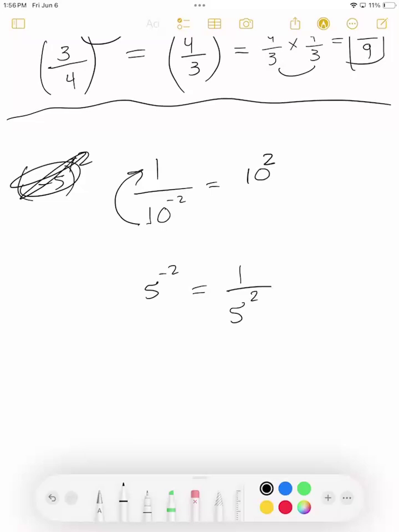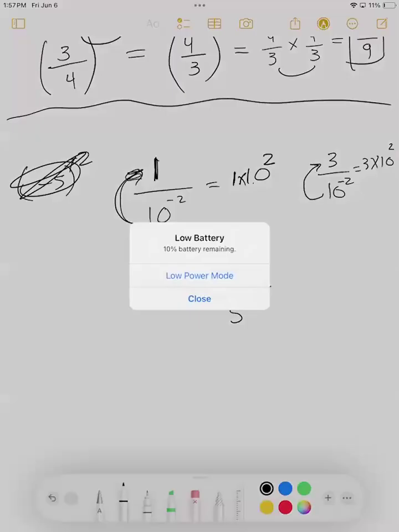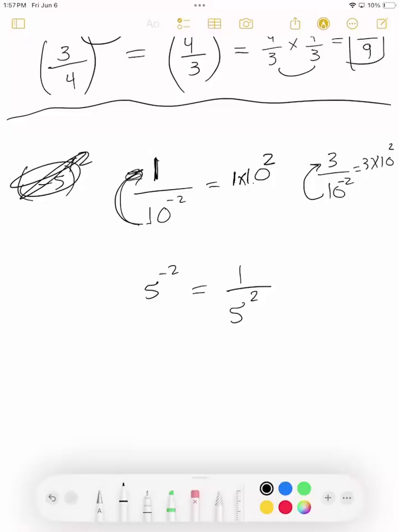If it's on the bottom, move it to the top. It becomes positive. And you have a 1 here, right? So that's what is happening. That's why I didn't write that 1. So if I have a 3 over 10 to the power minus 2, it becomes 3 times 10 to the power positive 2. So you move this, multiply it by the numerator, it becomes positive. And 10 to the power 2 is 100.